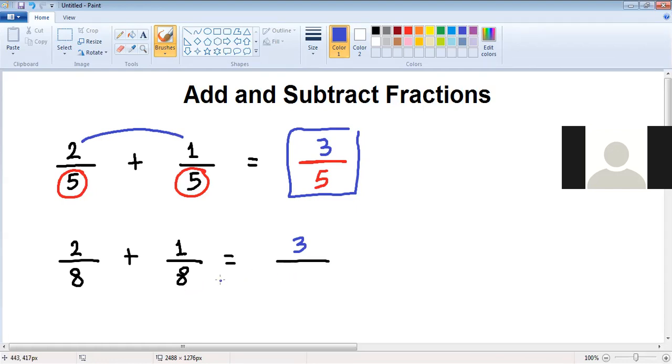Should we say 8 plus 8? No, we have to write 8 as itself. So don't say 8 plus 8. It's a big mistake if you do that. 8 and 8, write that again here in the place of the denominator. This is the answer, 3/8. You understand? Yeah. Thank you.